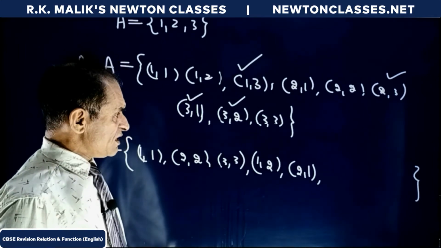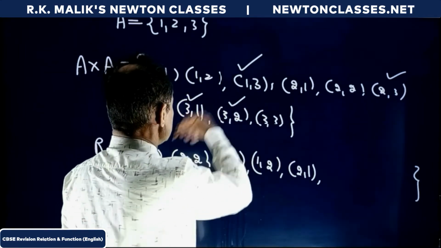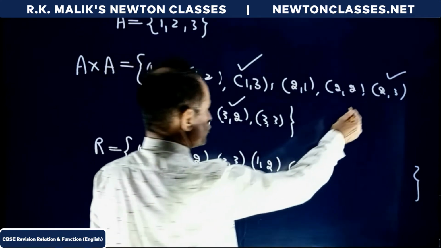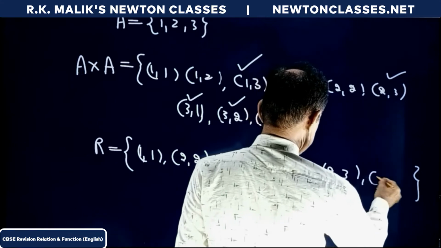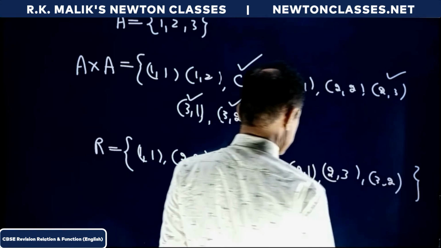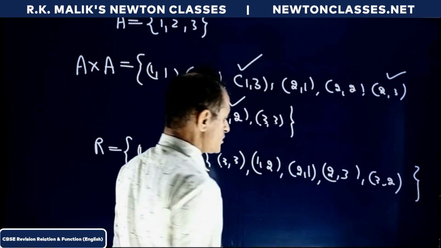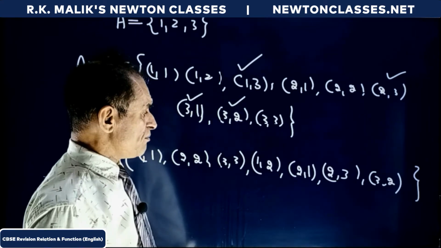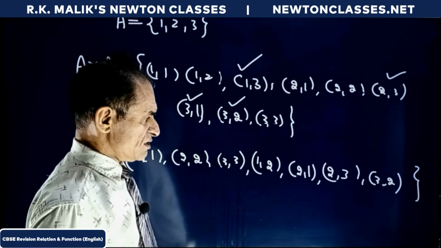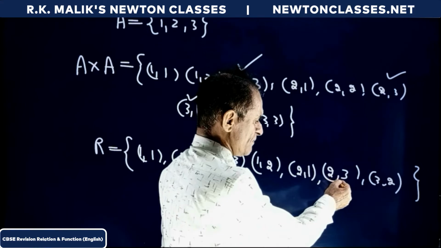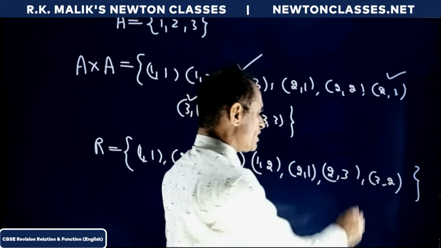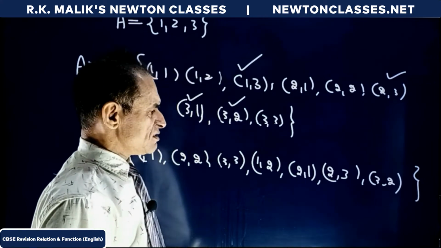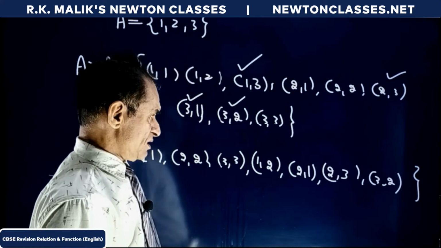And now I discuss the case when (1,3) and (3,1) will not be included, but (2,3) and (3,2) are included. By including these two, the relation has not remained a transitive relation. Note that if (2,3) is included, (3,2) will have to be included because otherwise the relation will not remain symmetric.